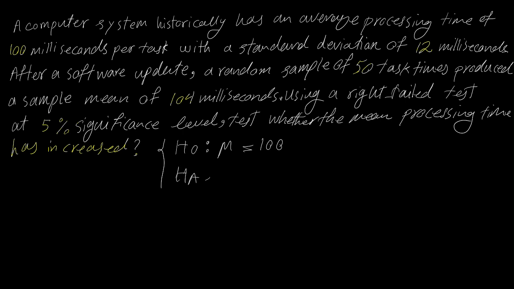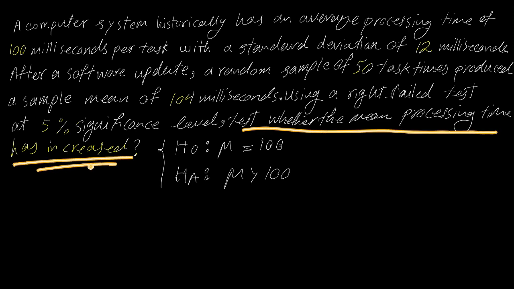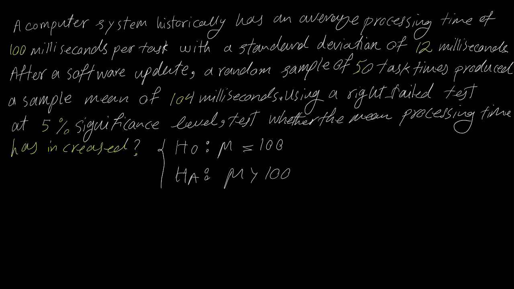And then we have the alternative hypothesis. Clearly it says we are using the right tail, which means mu is greater than 100. But even if we didn't have this term, we would still know it is a right tail and mu should be greater than 100, because it says test whether the mean processing time has increased. So mu is greater than 100, increased.